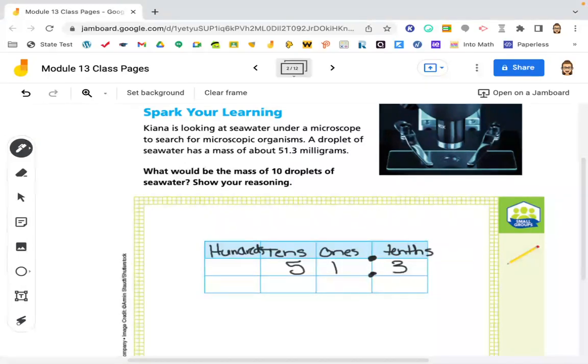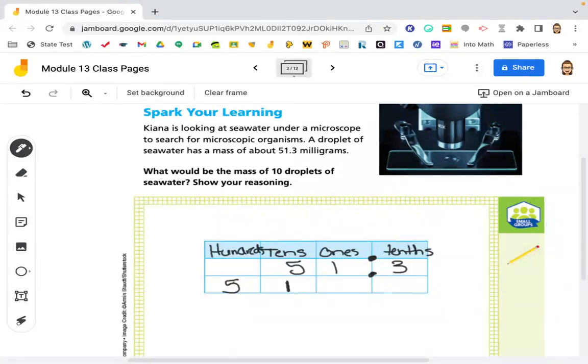And then we are multiplying by 10. So if I multiply each value by 10, if I multiply my 5/10 by 10, I'm going to get 500. If I multiply my ones by 10, I'm going to get 10. 1 times 10 is 10.